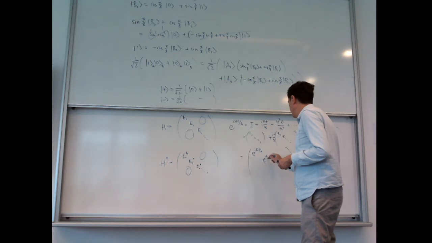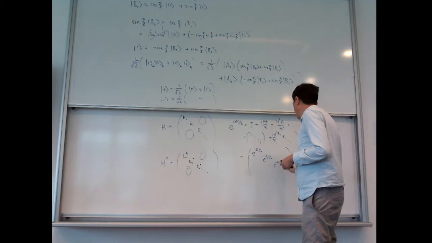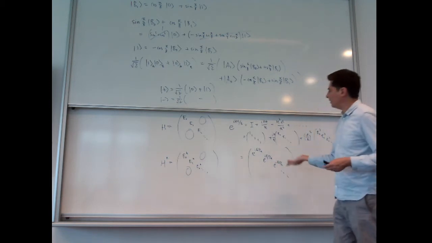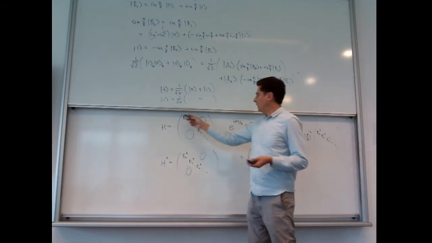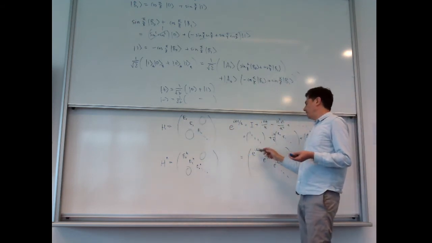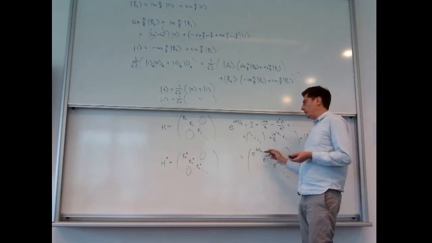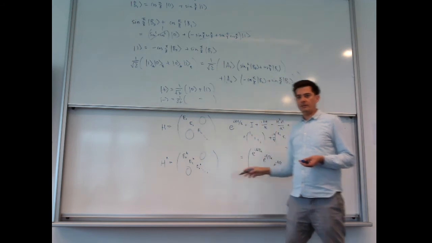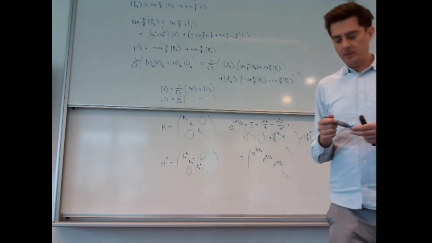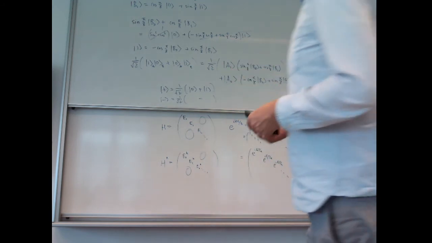So basically, along the diagonal, it's just the exponentials, e to the i of the energy times t over h bar, of each of these energies that you have here. So you can always do that.